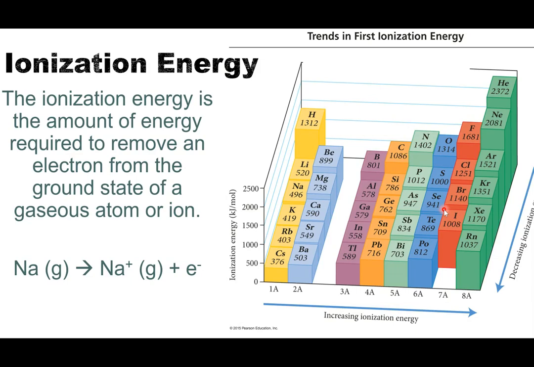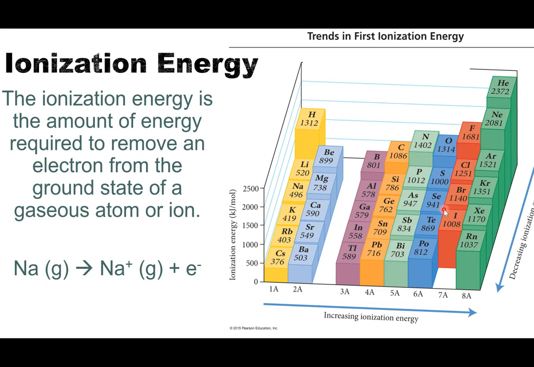The next trend that we're going to talk about is something called ionization energy. So let's first talk about what ionization energy is, then we'll talk about the trend in it. Ionization energy is the amount of energy required to remove an electron or take away an electron. I kind of made it sound like when people give electrons away, that's a good thing.